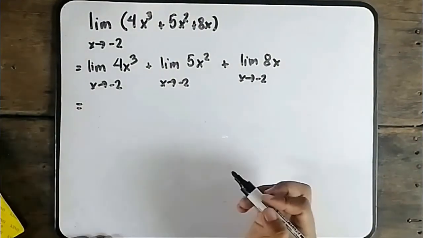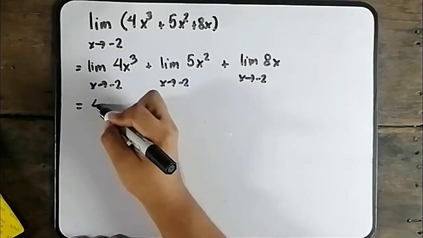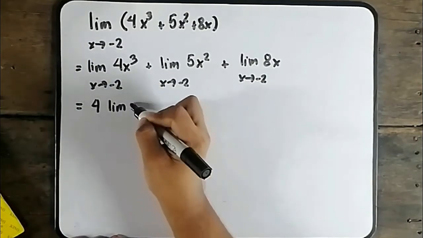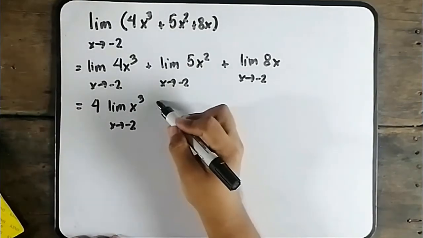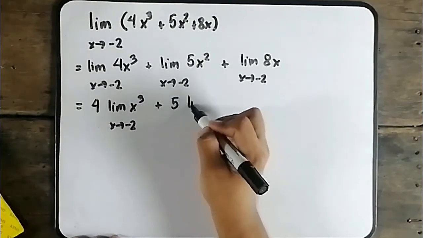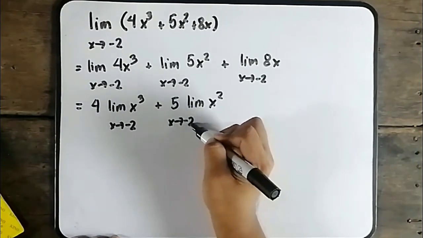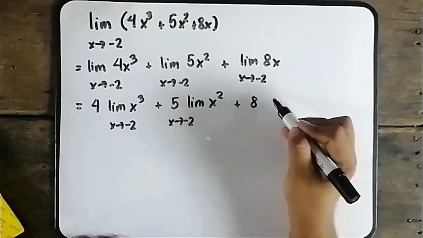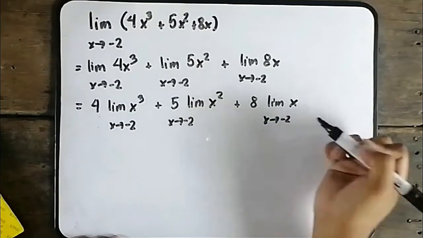So by theorem number 4, pwede nating ilabas yung mga constants. So we have 4 times the limit of x cubed as x approaches negative 2 plus 5 times the limit of x squared as x approaches negative 2 plus 8 times the limit of x as x approaches negative 2.